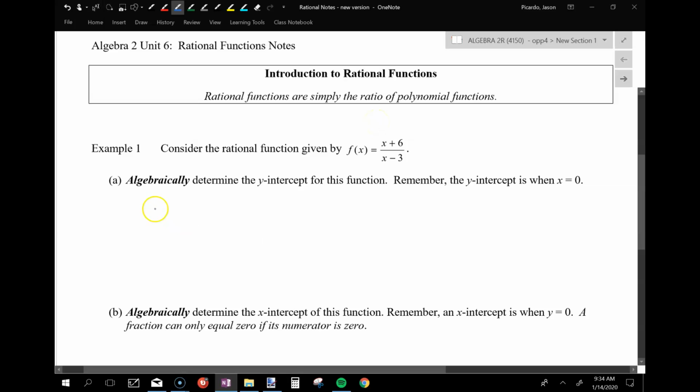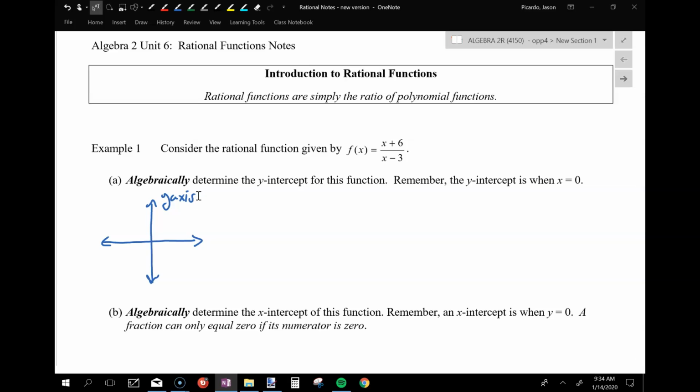Well, here's what you should be thinking. The y-intercept is where a function crosses the y-axis. What do you know about every single point that is on the y-axis? It has an x value of 0.